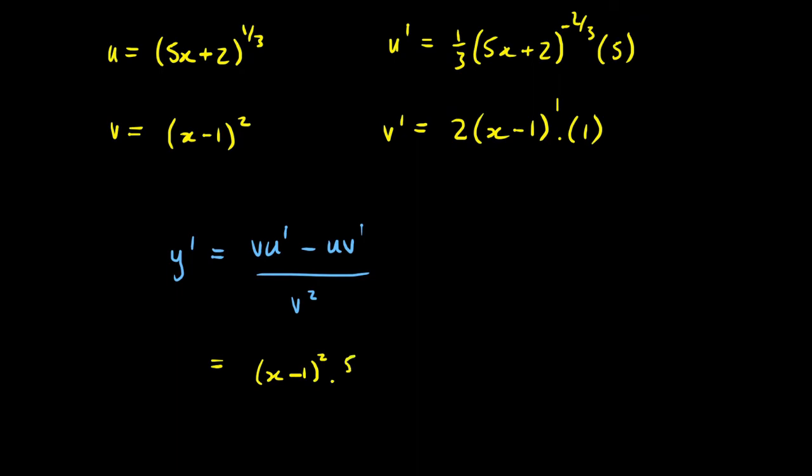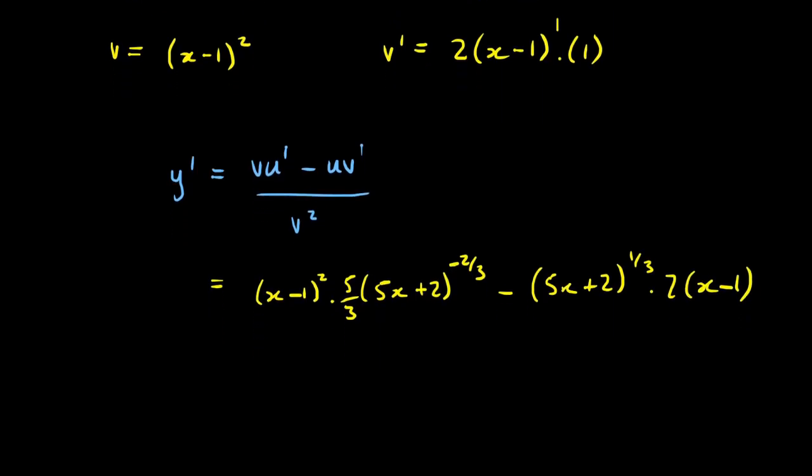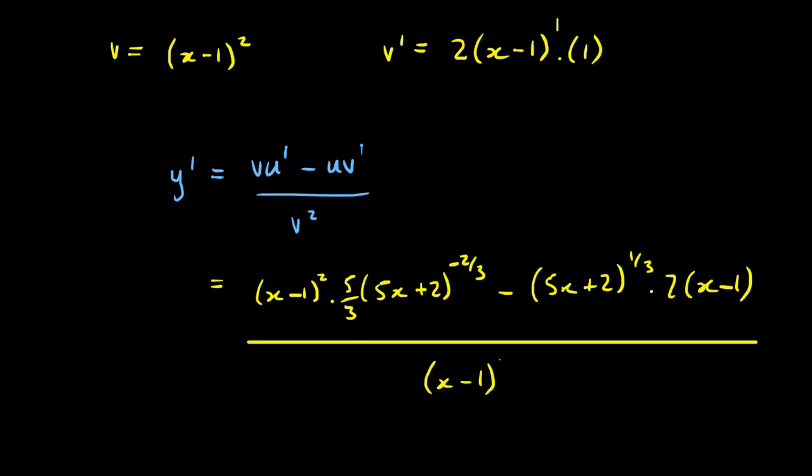That's going to be times by 5/3, 5x plus 2 to the power of negative 2/3, minus u, which is 5x plus 2 to the power of a third, times by dv, which is 2 bracket x minus 1. And all of this is over v squared, which is x minus 1 squared squared, which is x minus 1 to the power of 4.